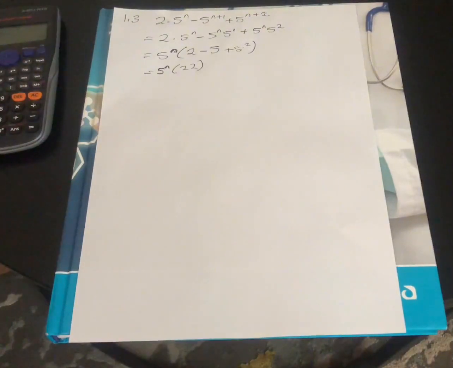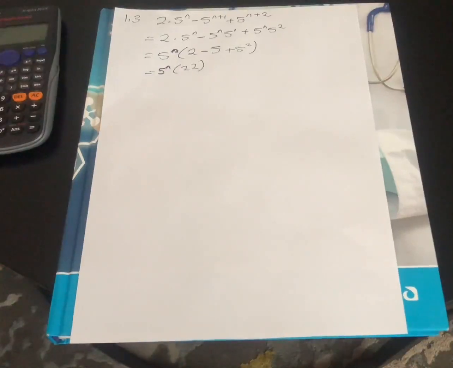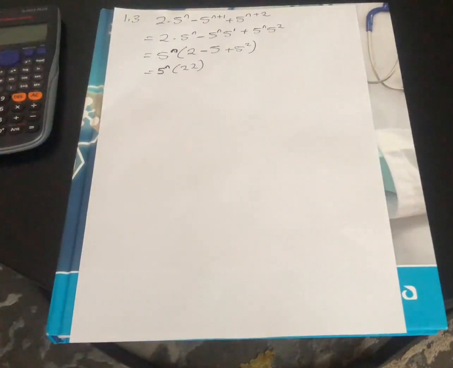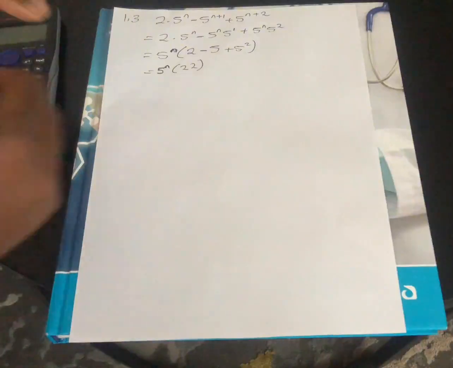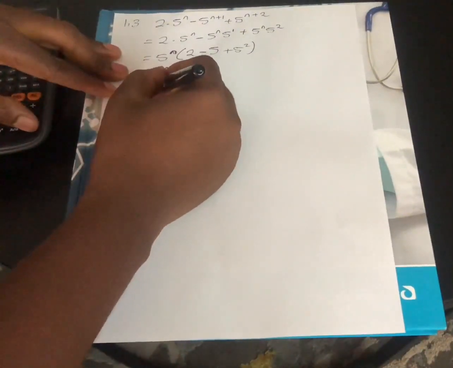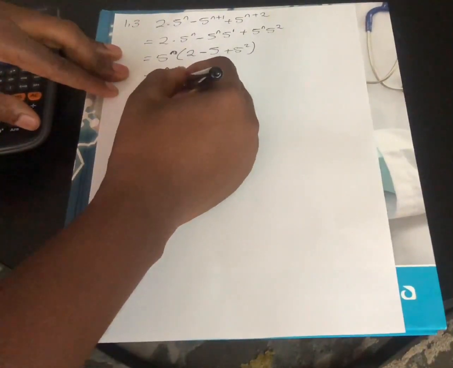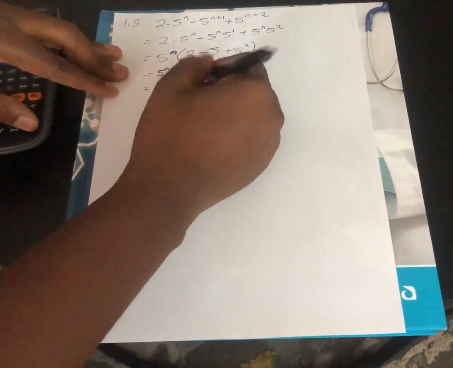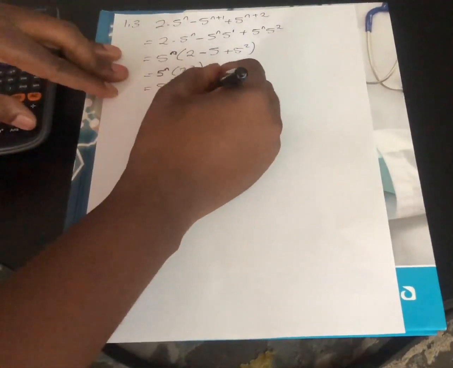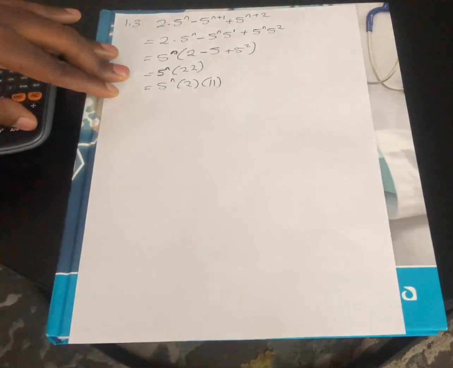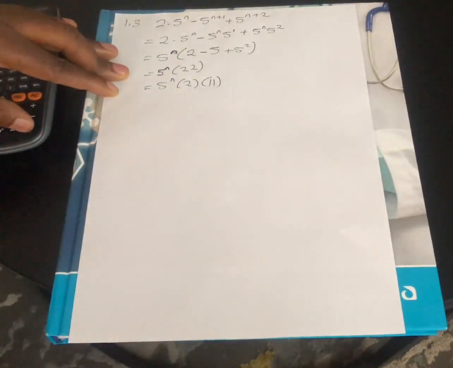You have solved it. And not to forget, any integer multiplied by an even number will be an even. So you can change this one to become 5 to the power n, 2, 11. So 2 multiplied by 11 is the same as 22.